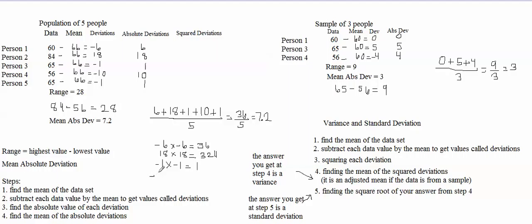-10 times -10. That gives you the same answer as 10 times 10. The two negatives cancel out, and you get, well, 10 times 10 is 100. Now we have -1 times -1 again, which is just 1.